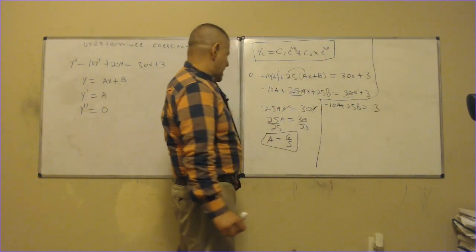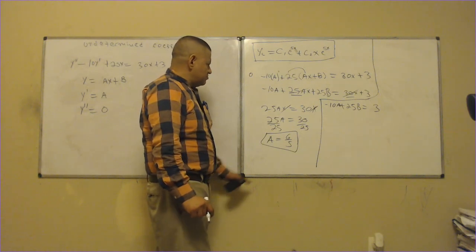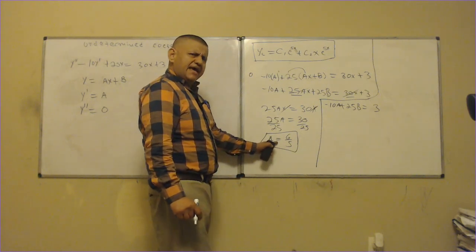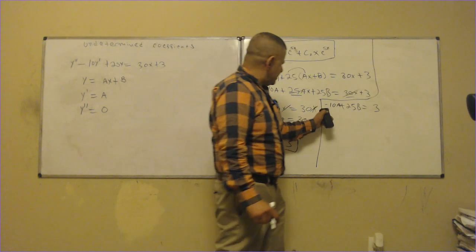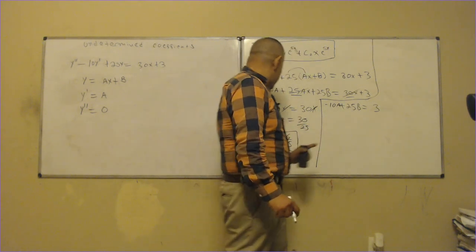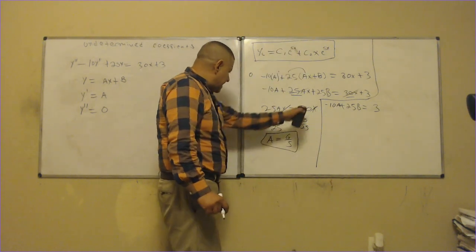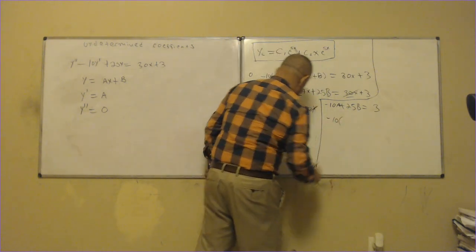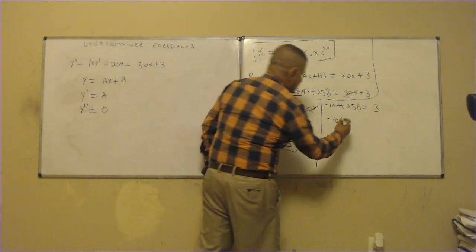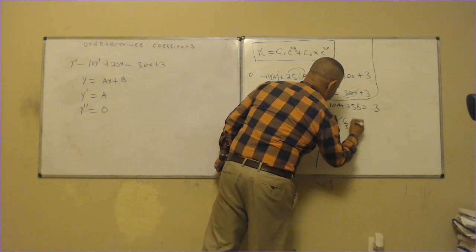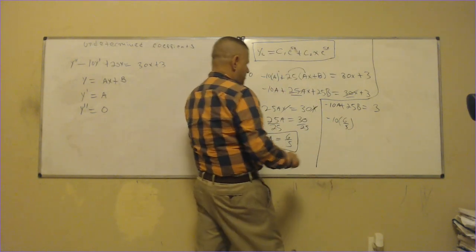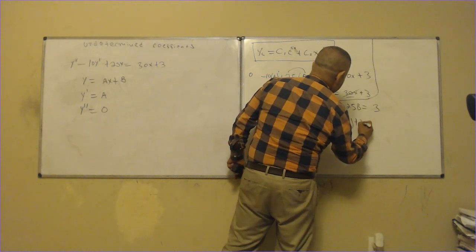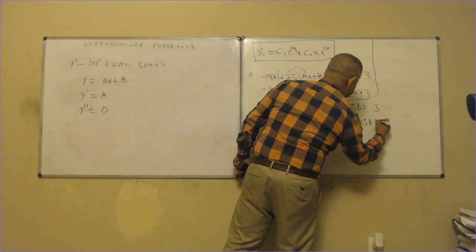Now, how can I do this? I have a minus 10a over here. So what can I do? Replace a, right? So I can say minus 10 times 6 over 5 plus 25b is equal to 3.